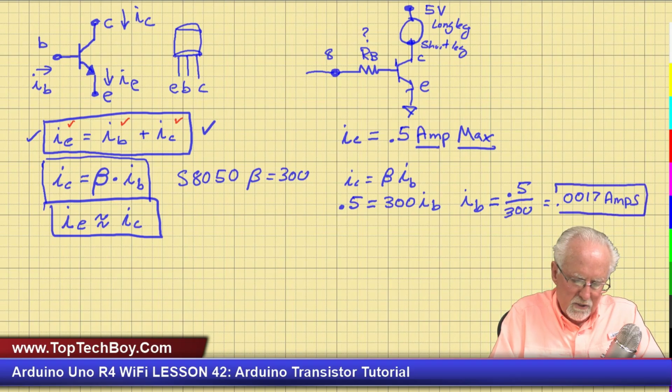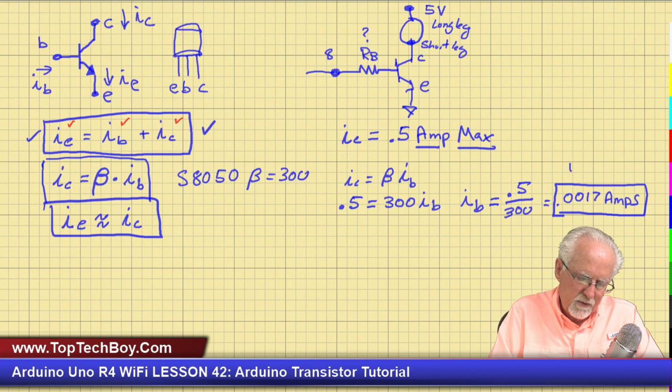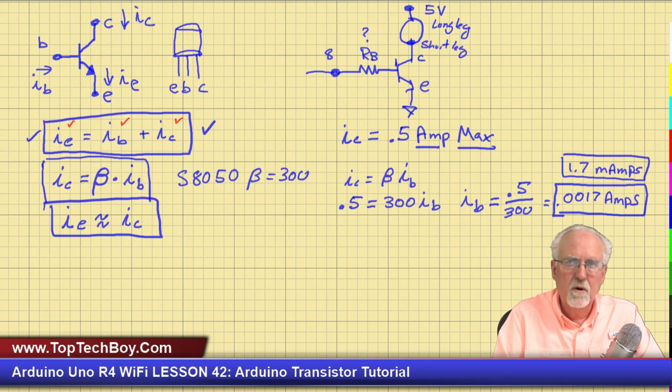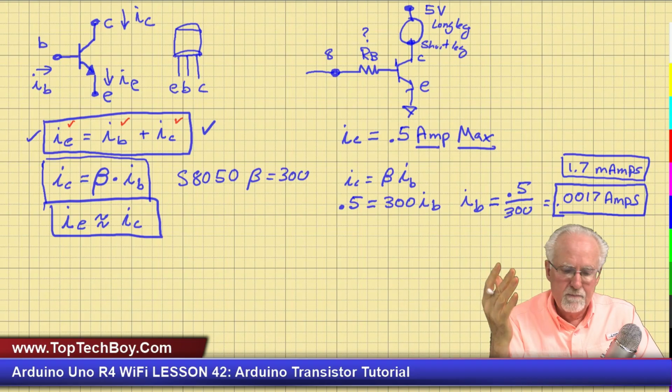So to make sure that I don't burn anything out, I want the base current to be 0.0017 amps. That is also the same as 1.7 milliamps. Okay, what is the maximum current that the GPIO pin can source? It can source 8 milliamps.